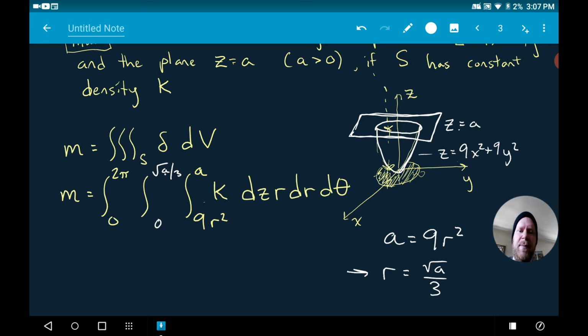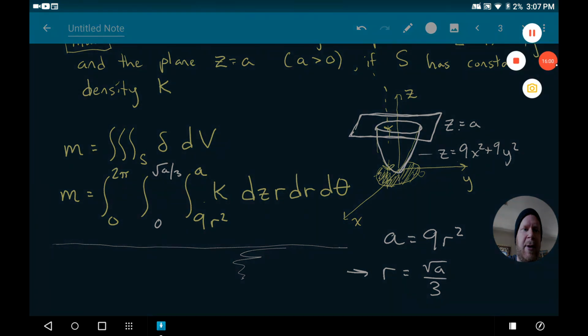But anyway, I'll leave it at this. I think the setup is more important than trying to solve this integral. So concentrate on being able to set these up, setting all the bounds up properly, and that'll be it for this one. So that was the last two problems. Good luck with your studying.